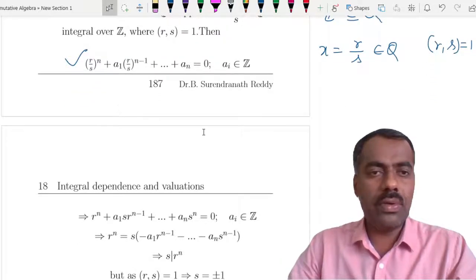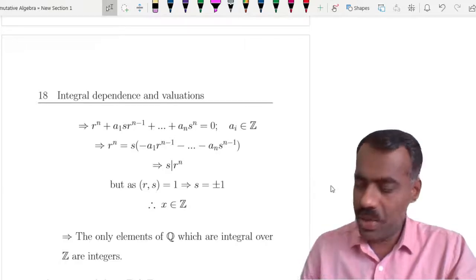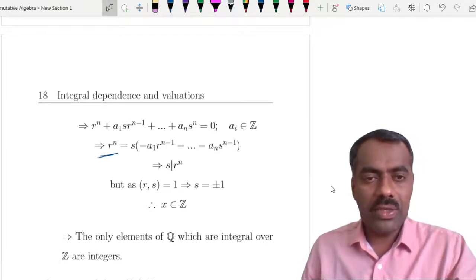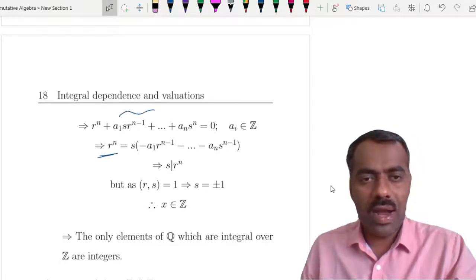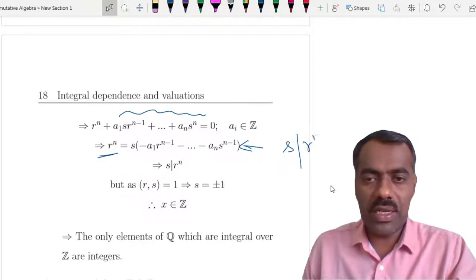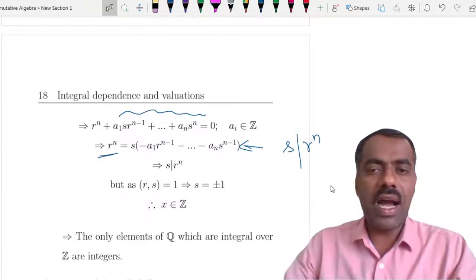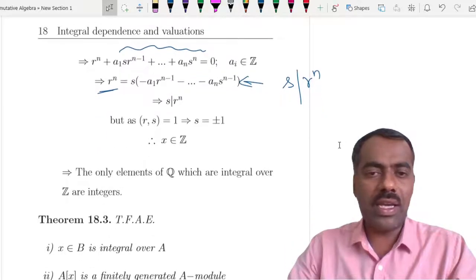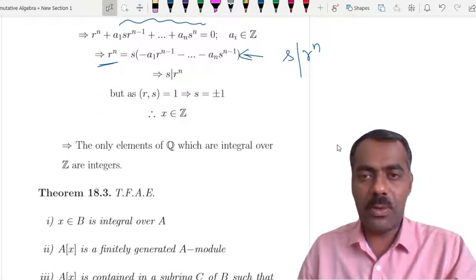Okay, now if you simplify this and keep going, r^n, you can make it, because in all the remaining terms s is common, so s into minus a1 r^(n-1) and so on. So s divides the right hand side, and that implies s should divide r^n, but s and r don't have any element in common, so therefore the only possibility is s should be equal to plus or minus 1.